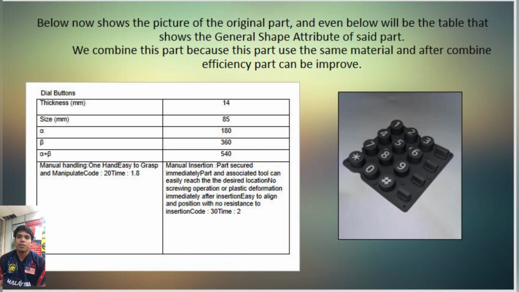I combine this part because this part uses the same material, and after combining, efficiency and time can be improved. This die button thickness is 14, and then the size is 85 millimeters. Alpha 118, beta 316. Alpha plus beta is 514.